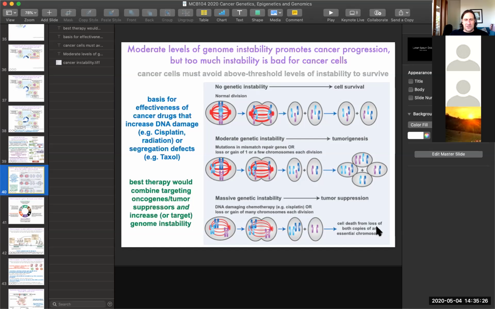Oddly enough, sometimes cell death is a good thing for organisms. But if you're down here, even with oncogene mutations, you might continue to grow, but it's unlikely that you'll gain the mutations or the genome changes that will give rise to metastasis, the more advanced stages of cancer. So you want to live in this zone where you have moderate genome instability.